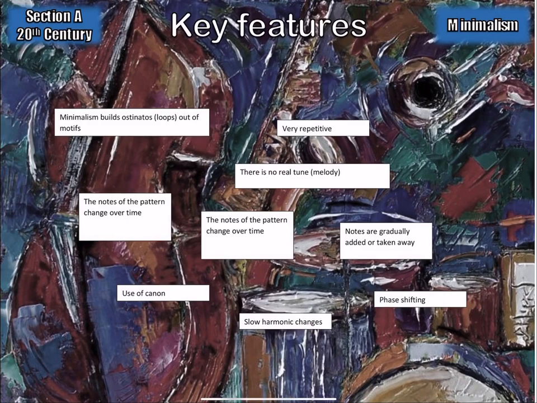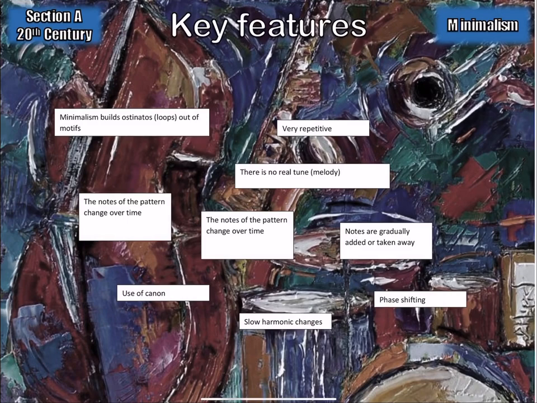When we talk about canon, it's a type of imitation where essentially the best way to think of it is repeating something exactly but in a different part and a different voice. So you might have a motif in a violin, and then that same motif comes again in a flute. And when we're talking about harmonic changes, we're talking about how often the chords change.